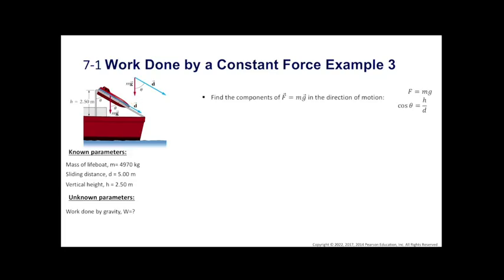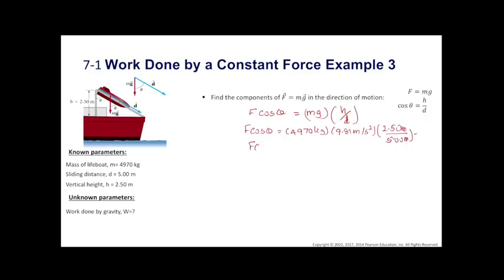So, therefore, F cos theta is equal to mg times h over d. So, we can substitute the values to find F cos theta. Mass is 4970 kilograms, gravity is 9.81 meters per second squared, h is 2.50 meters, and d is 5.00 meters.